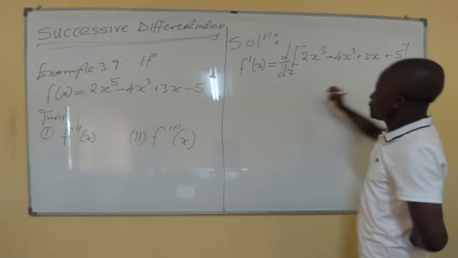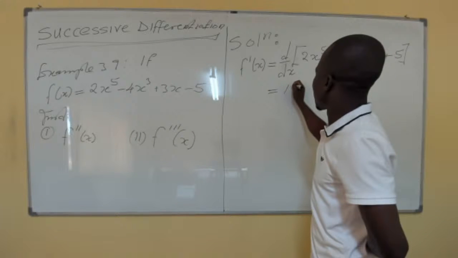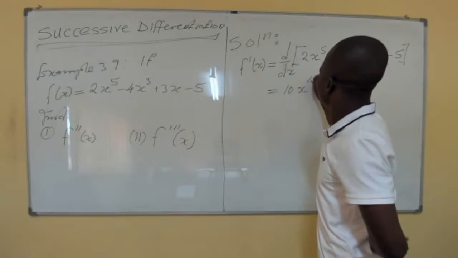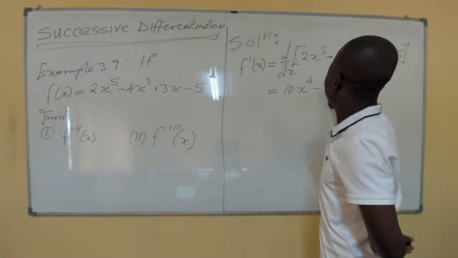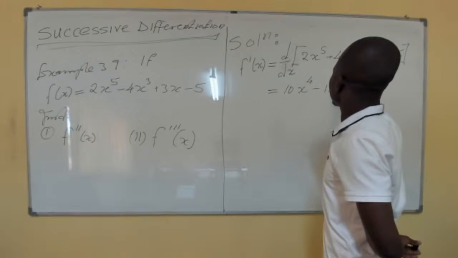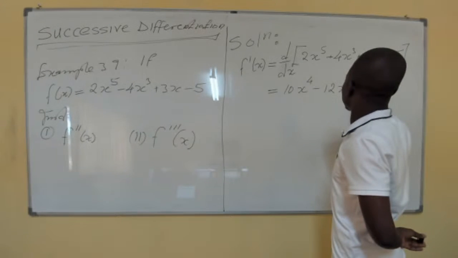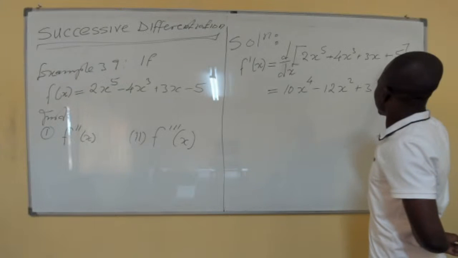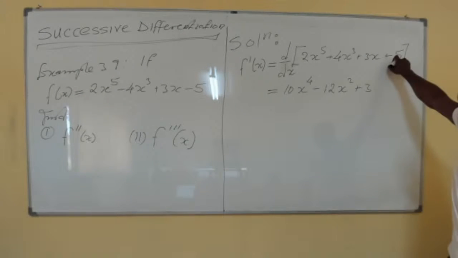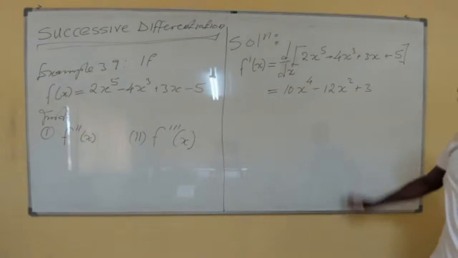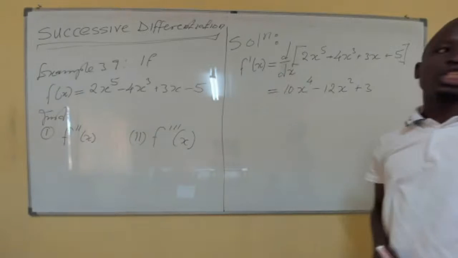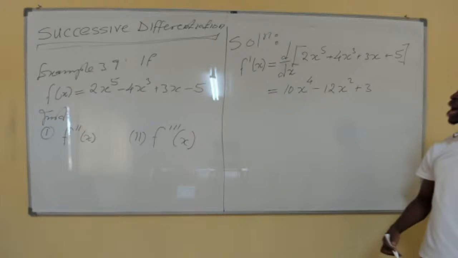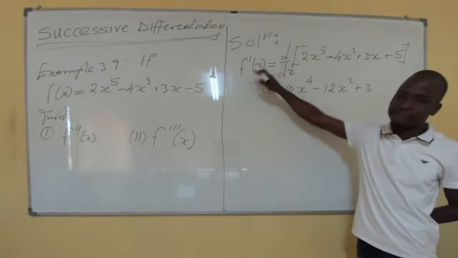Now, this is going to give us 10x to the power 4 minus 12x squared plus 3, because the derivative of negative 5 is 0. So what you have found is the first derivative of the given function f of x.